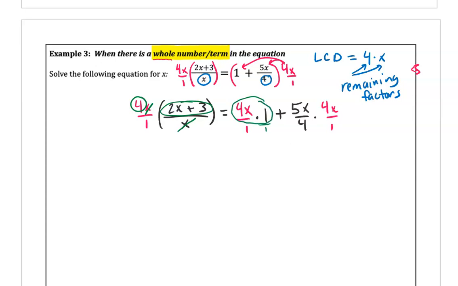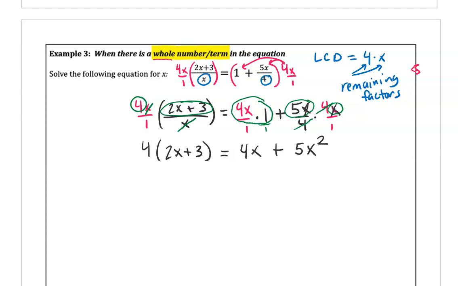I just multiply the 4x to the 1. And with the last part, I can divide out the 4's. And so I just multiply the 5x times the x. So then what I'm left with is 4 times the quantity 2x plus 3 on the left side, 4x times 1 on the right side, and then plus 5x squared, because I had to multiply an x to another x.